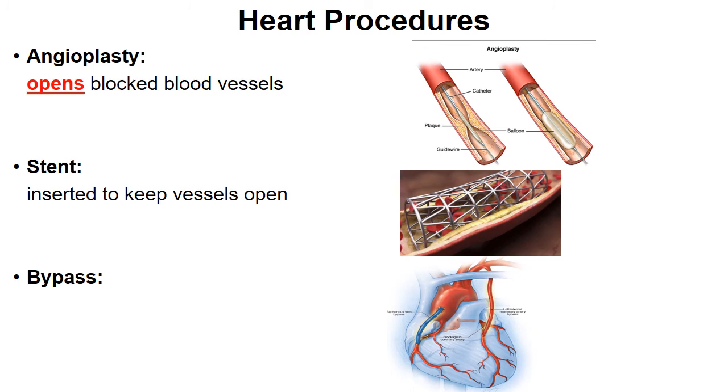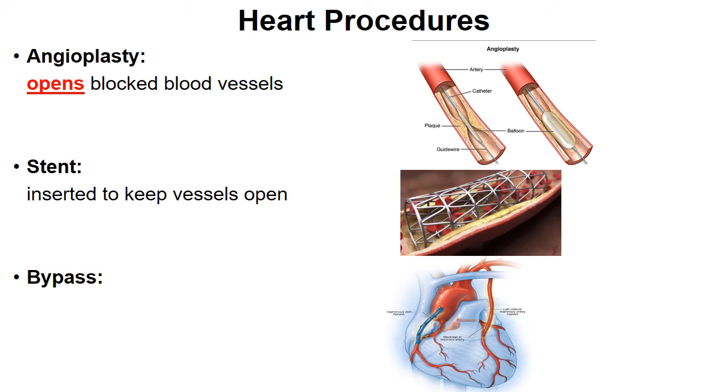Bypass. The way I think of a bypass is rerouting blood. If you're in a major city, they often have bypass routes or highways to circumvent the city. So if angioplasty doesn't work and a stent doesn't work, they will do a bypass. They're going to reroute the blood away from the blocked artery. It is essential that all of the blood can flow to all of your body parts.